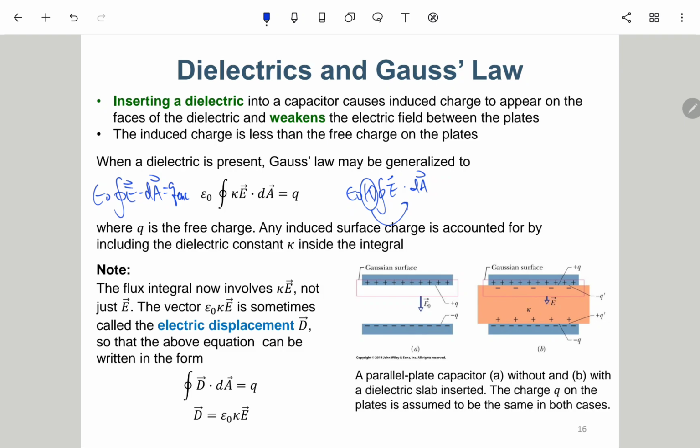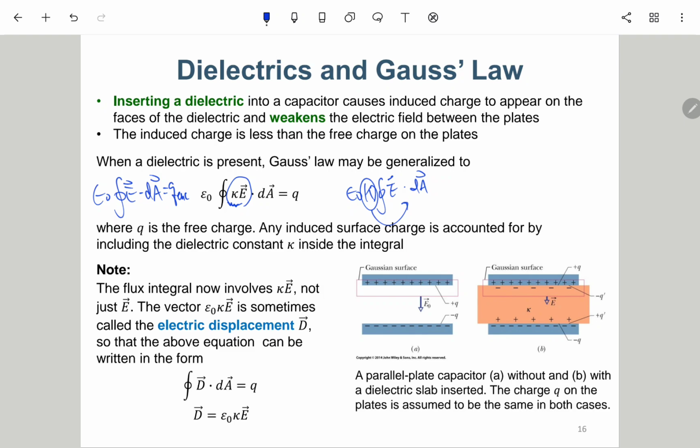Putting it inside means maybe in this region we have several different types of dielectric, so they have different kappa. So it just tells you that for this integration you consider different kappa. It just tries to make the expression more general. If there is only one dielectric, kappa inside or outside is the same. But sometimes you may put several different dielectrics between the plates, with different kappa.